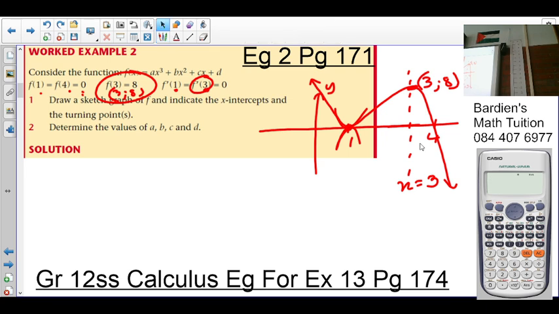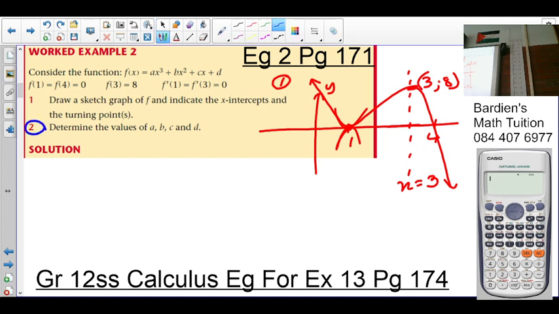Right, let's answer the question. It says draw the sketch of the graph of f indicating the x-intercepts and the turning point or points. Right, next question. So that's number 1. Number 2. Determine the values of a, b, c and d. So where do we start? We start by saying there are 2 x-intercepts, actually 3 to us, not so? Why? Because I have a double solution at x is equal to 1.